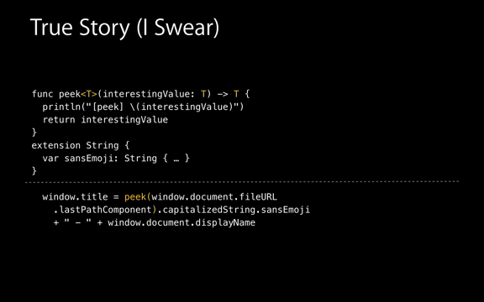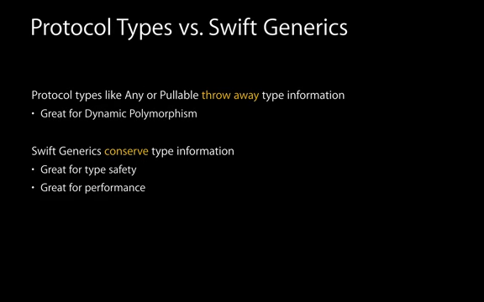It's a lot like figuring out which function to call in an overload set. In the case above, we passed a string to peek, so peek returns a string. Not string wrapped in an any, but good old string. And it just worked.